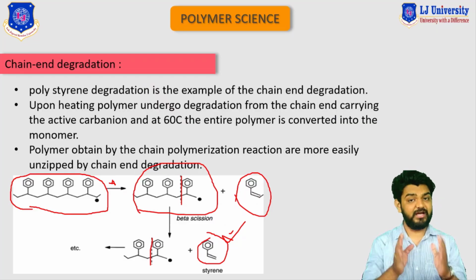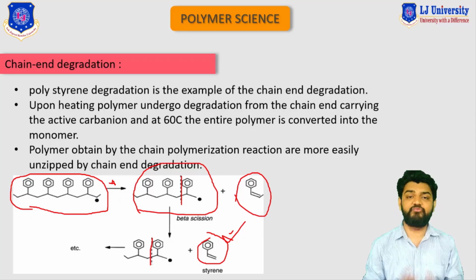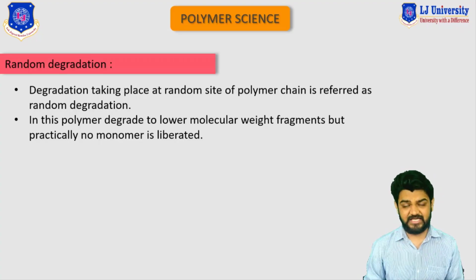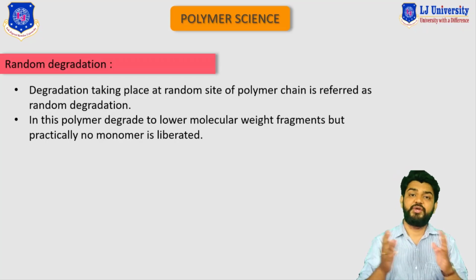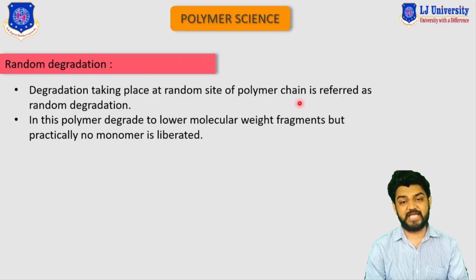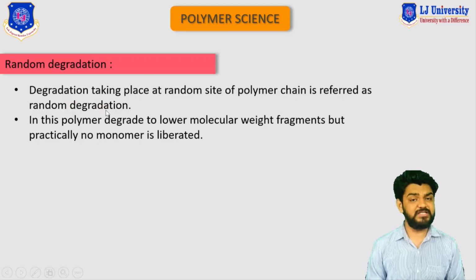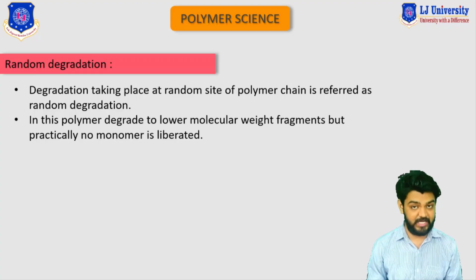Now having understood this, let me quickly move to the second type of polymer degradation, and that is random polymer degradation. As its name suggests, random polymer degradation can be termed as the degradation taking place at a random site of the polymer, which means in this type of degradation there is no specific point where the degradation will take place.